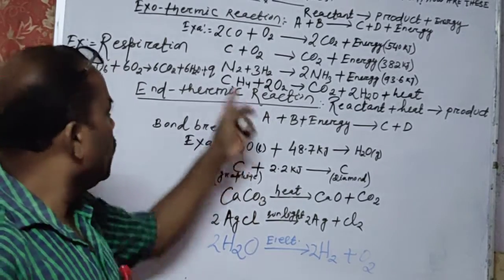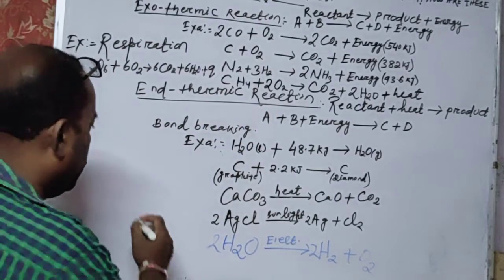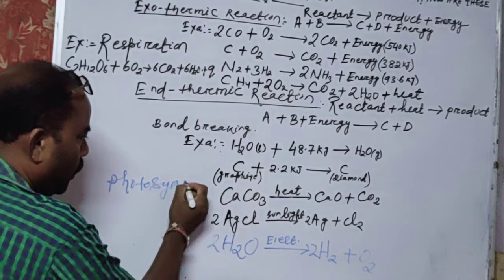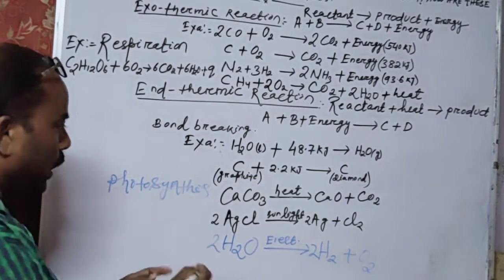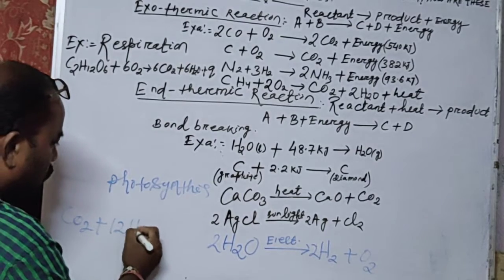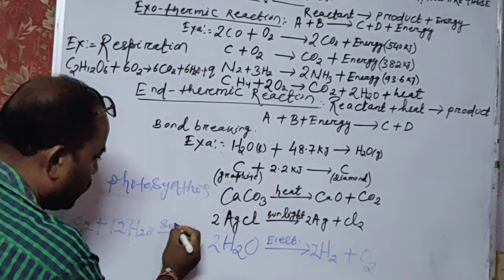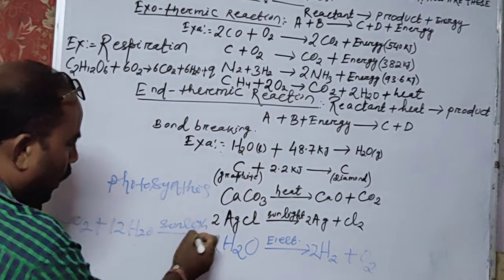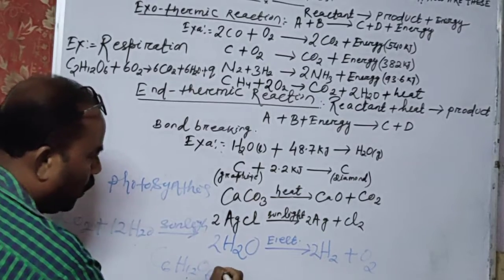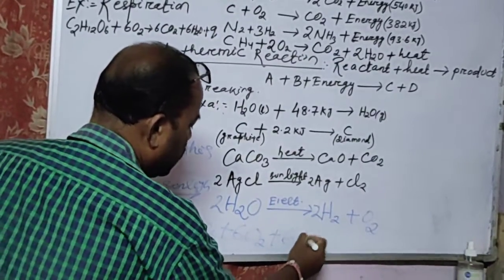Respiration is known as an exothermic reaction, and photosynthesis is also known as endothermic, because CO2 plus H2O, with sunlight, gives C6H12O6 plus 6O2 plus 6H2O.